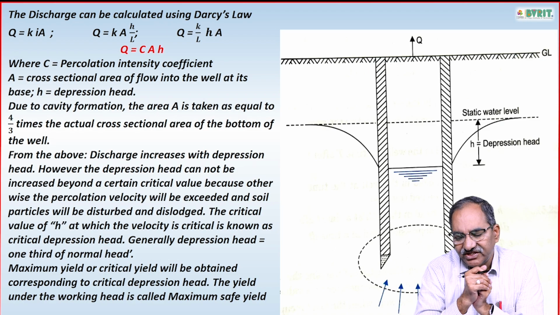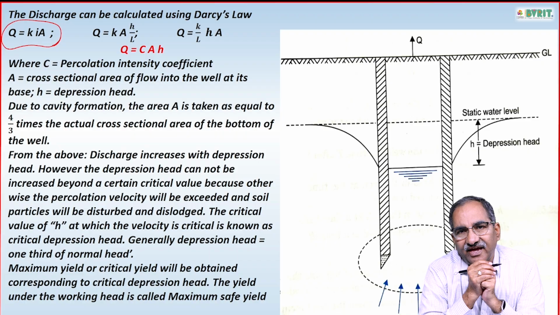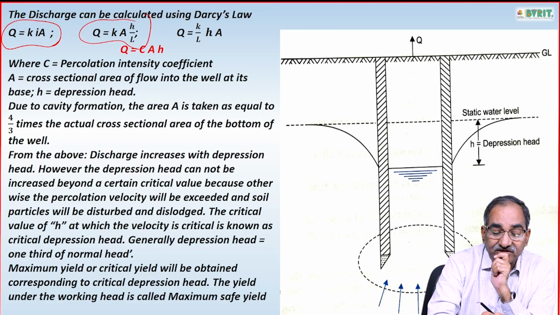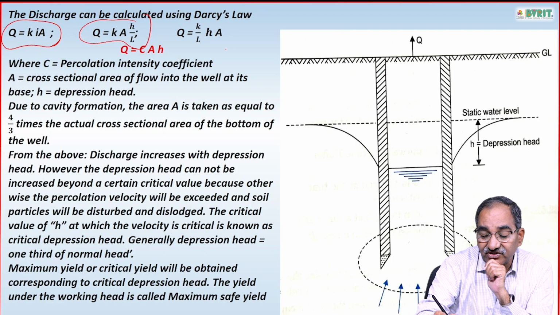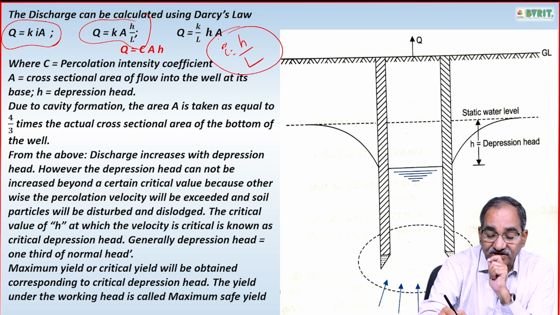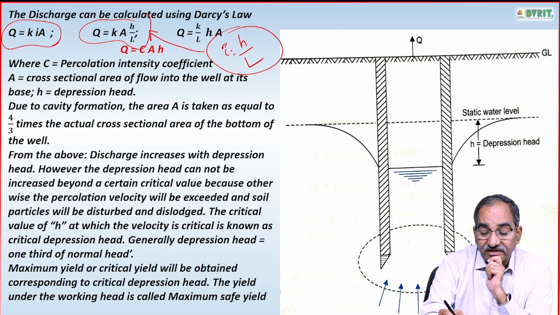We know Darcy's equation. What is Darcy's equation? Q is equal to KIA. Now, I is the hydraulic gradient, which is equal to H by L. So if I put I equal to H by L, we get Q is equal to K by L into HA.